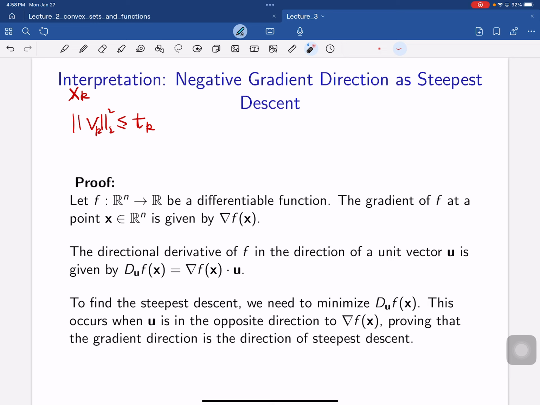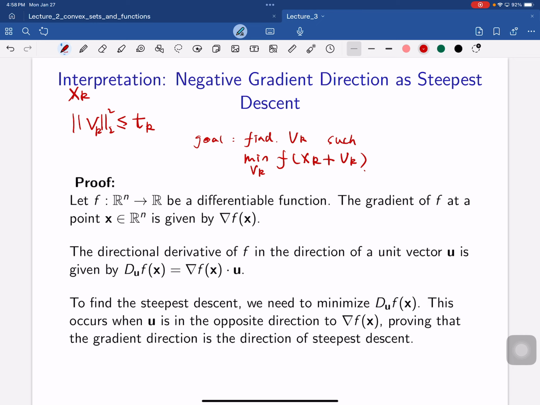My goal is to find vk such that I can minimize the function value after taking the step vk. So now the question is, I'm trying to find the vector vk that minimizes the function value. Is this vk the same direction as the negative gradient direction?